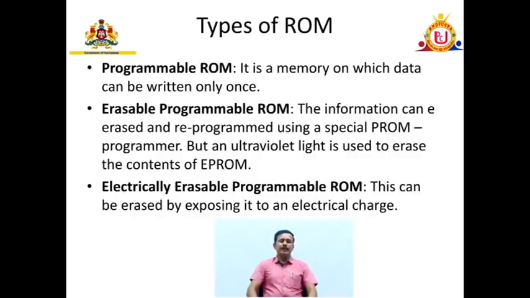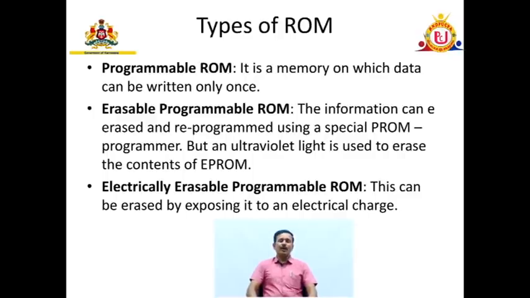Next, the second one is erasable programmable read only memory. The information stored in this type of ROM can be erased using ultraviolet rays, UV rays. With the help of UV rays, we can erase the contents of this ROM and we can restore it.